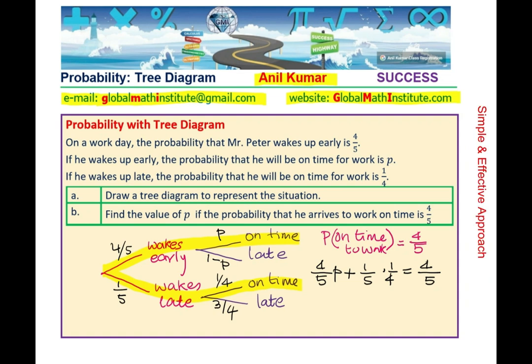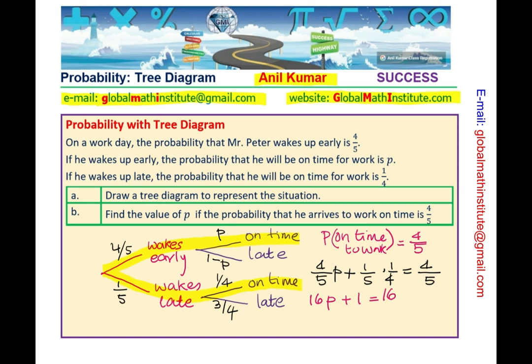You see that the lowest common denominator is 20. So I can multiply everything by 20, and so this equation now becomes 16p plus 1 equals 16. If I multiply this by 20, then 4 times 4 will be 16.